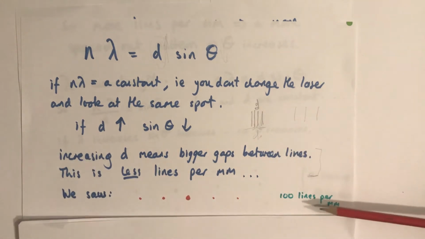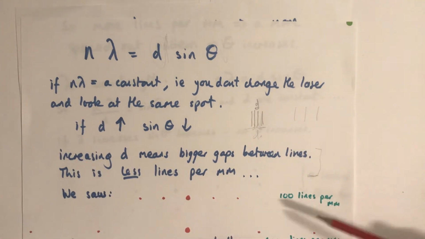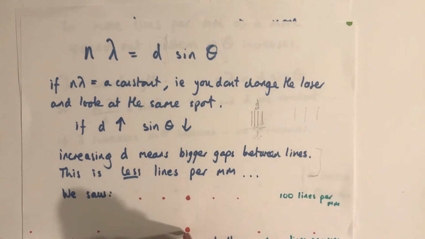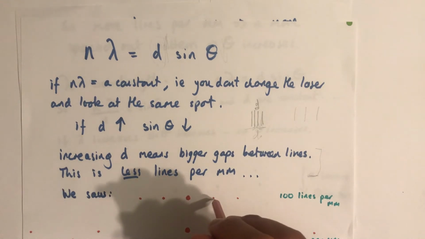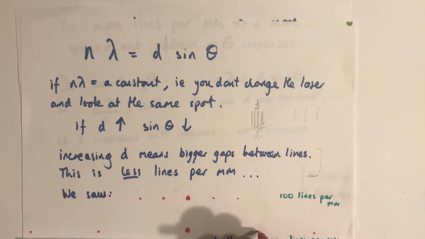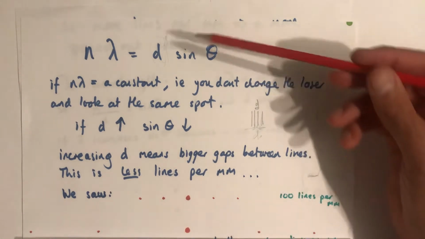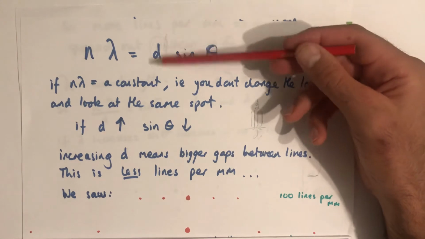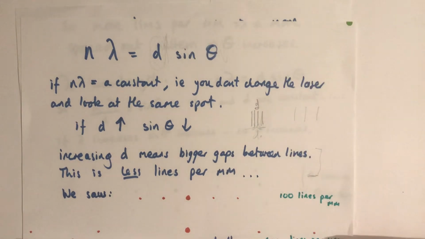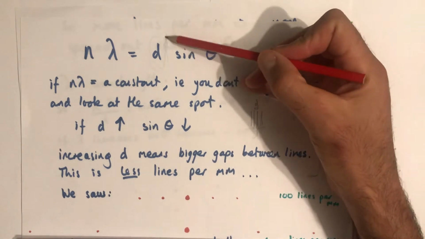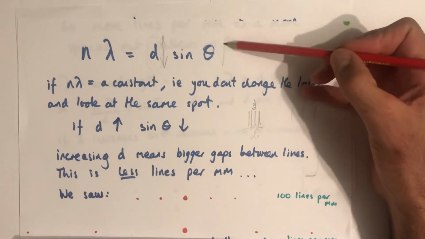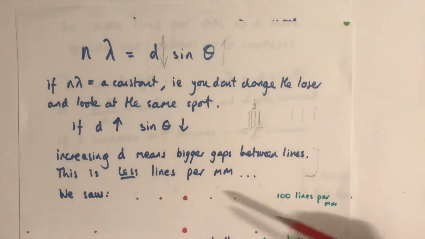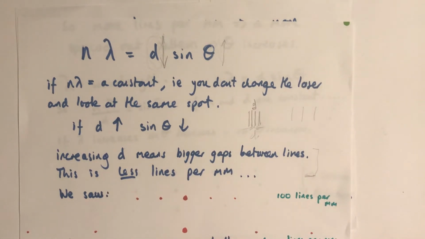Now if I use a better one, with 400 lines per millimetre, the central maximum is in the same place, but the first maximum is now miles over here, because the space between each line has gone down a lot. So d has gone down, sine theta goes up, and the angle theta increases. The rule is: more lines per millimetre gives you a more spaced out pattern.